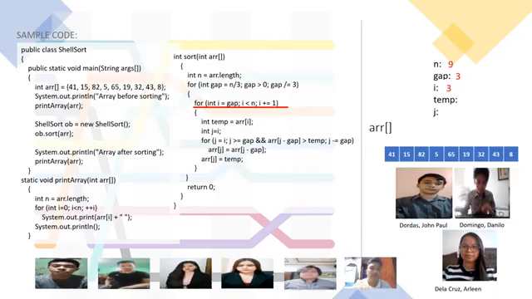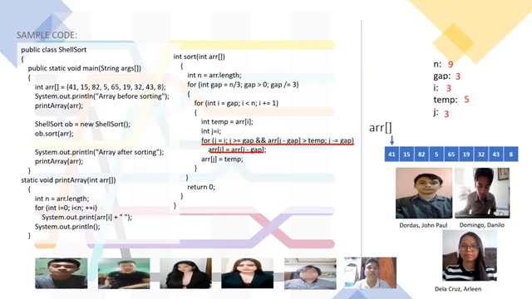int temp is equal to arr[3], which is 5. Then j is equal to 3. Is 3 greater than or equal to 3? True. In the logical AND, arr[0], which is 41, is 41 greater than 5?